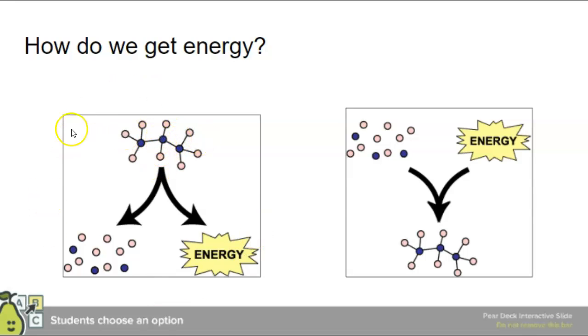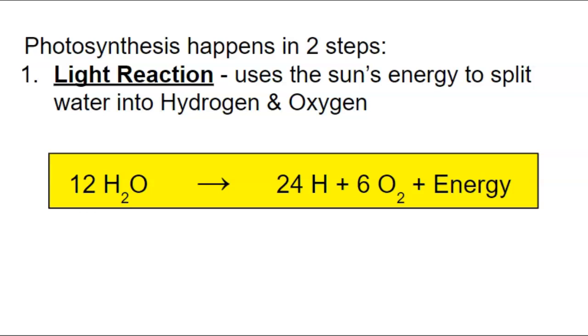So this picture on the left is showing us this molecule is being broken apart and we release energy. The energy is actually stored in the connections between these atoms. If we want to use energy, we can use it to put molecules or atoms together. So this is important when we talk about our first step in photosynthesis, which is the light reaction.